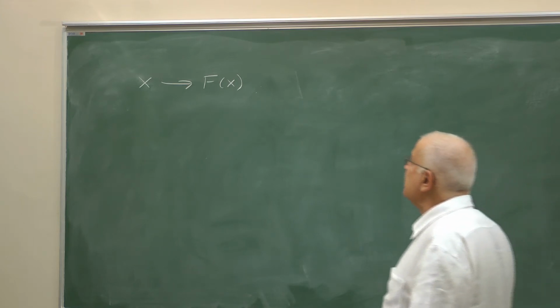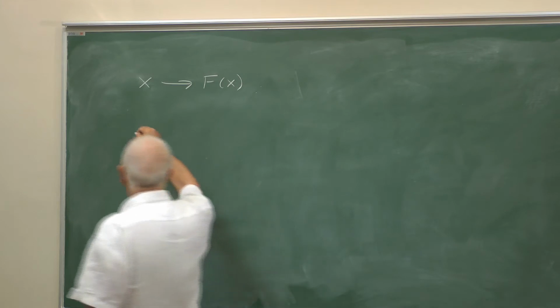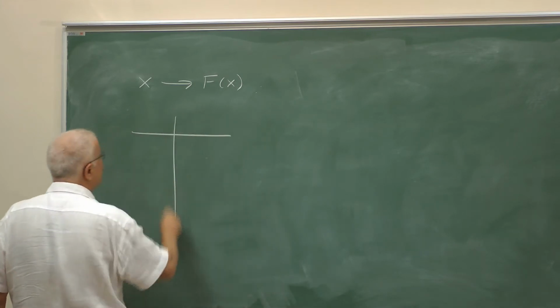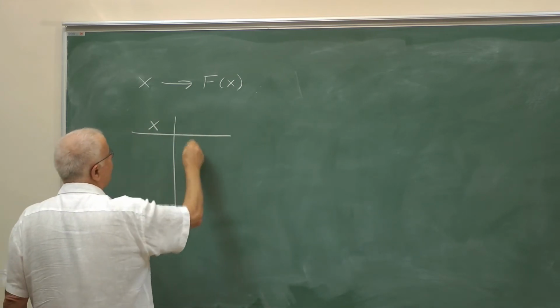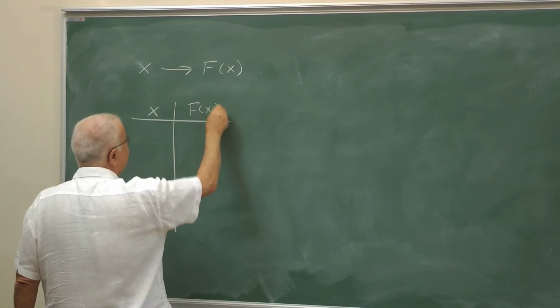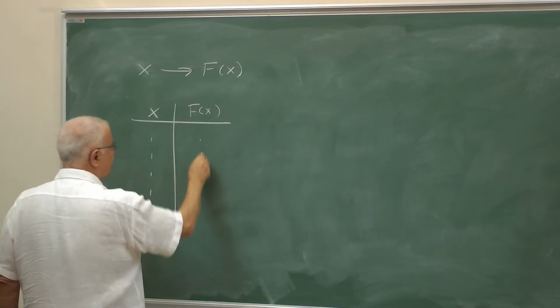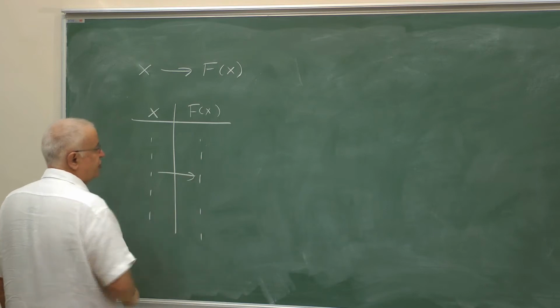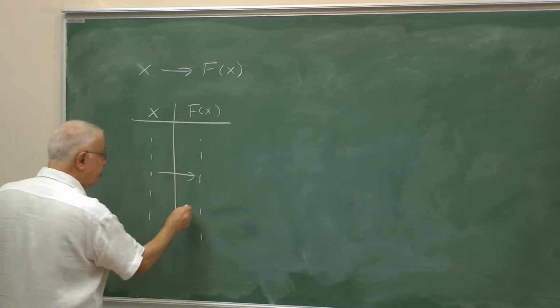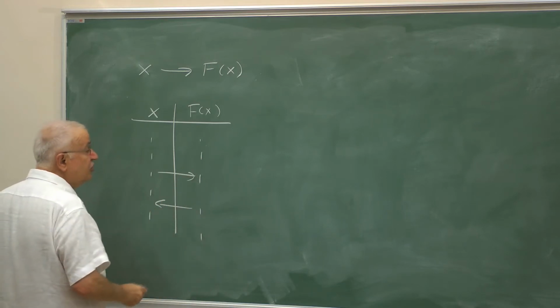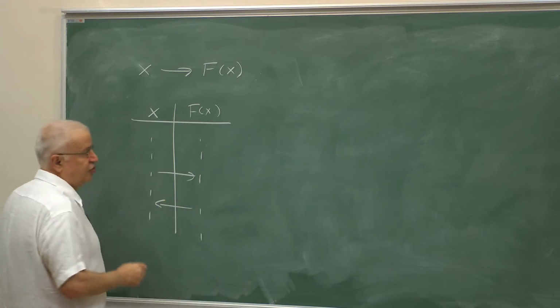Or we might say a function is a two-column table. Here I have x, here I have f of x, a set of numbers and the corresponding numbers. Now, the reverse arrow is, of course, the inverse function.